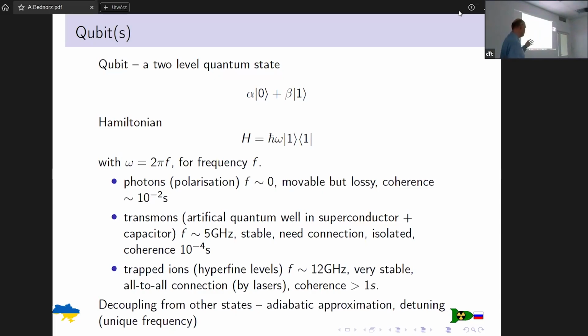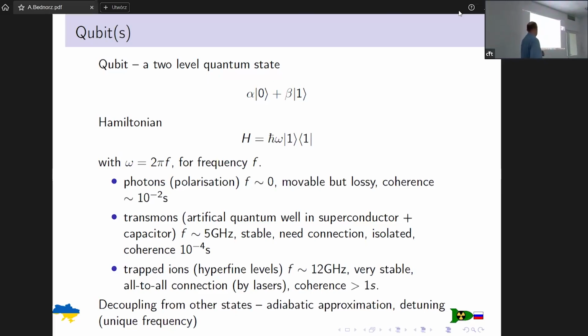There is some subtle hyperfine splitting, which is about 12 gigahertz. To drive between levels, it's more complicated, but the good thing is they have very long coherence, just like atomic clocks. So the idea is very close to atomic clocks.